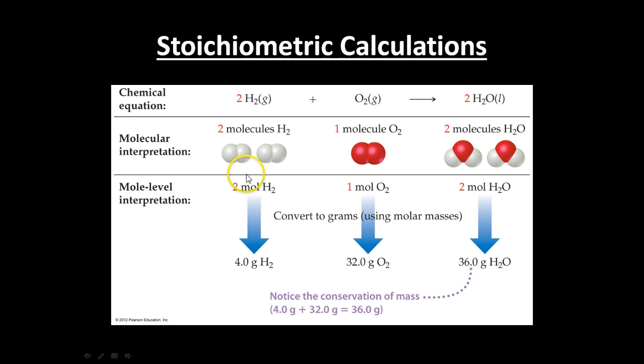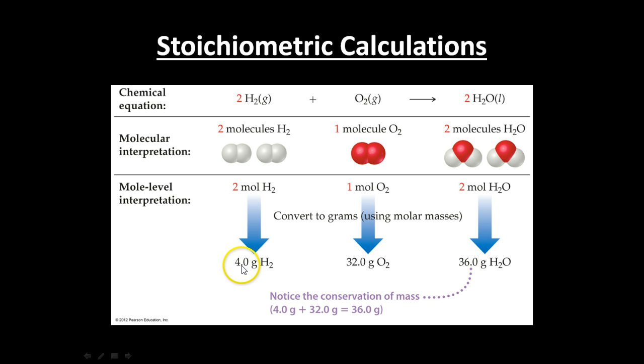All of a sudden, we have a ratio of hydrogen and oxygen and water that is valid stoichiometrically, but we can also measure out that amount of hydrogen, oxygen, and water because we have the molar masses for each of those substances.